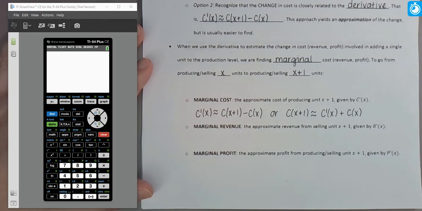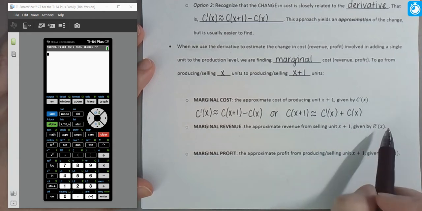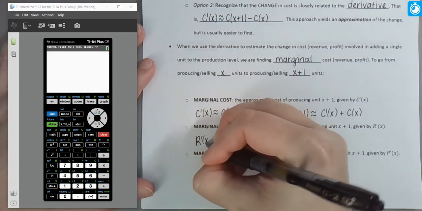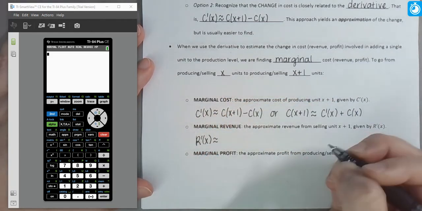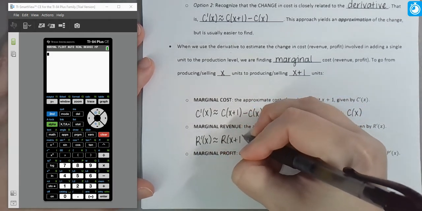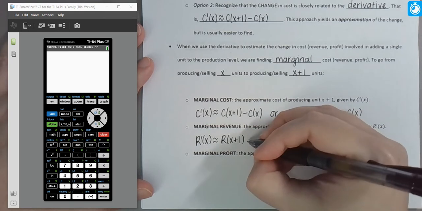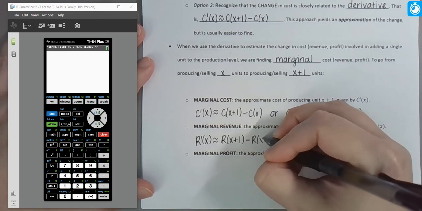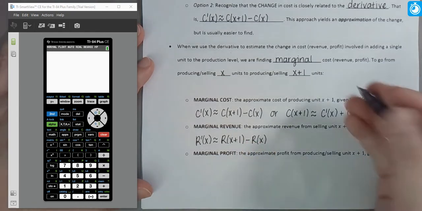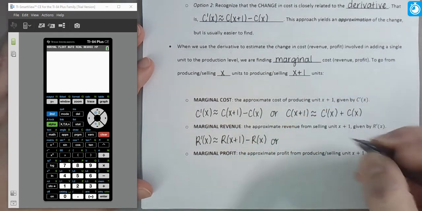And revenue and profit, exact same thing. The approximate revenue from selling unit x plus 1, that 1 additional unit, is given by our derivative. So the derivative of revenue is approximately the difference between the total revenue for our higher production level minus the total revenue for our current production level, with a difference of 1. Or again, same kind of alternate relationship.